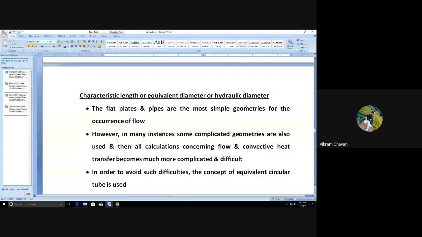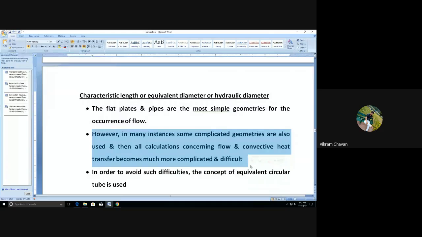However, in many instances, some complicated geometries are also used.